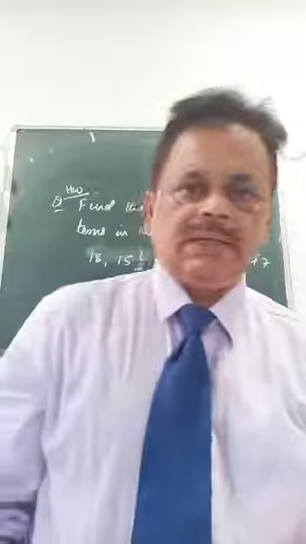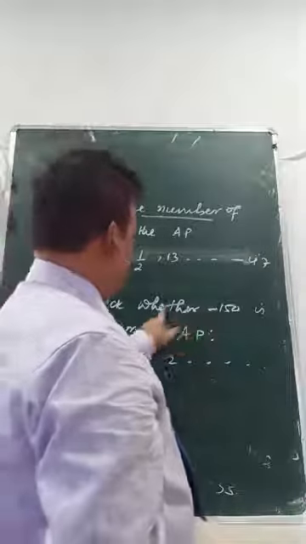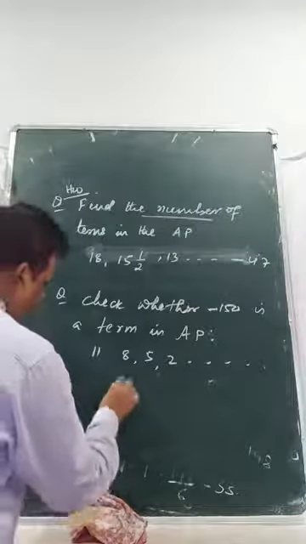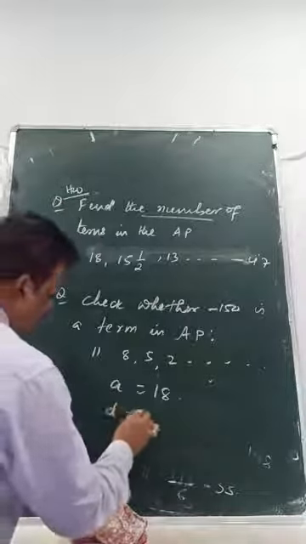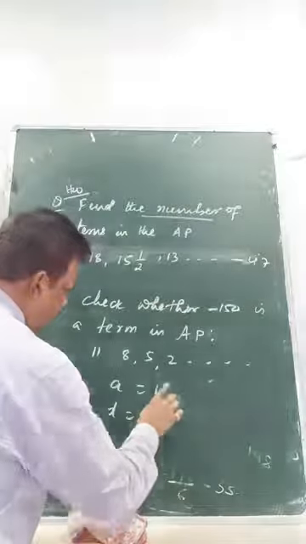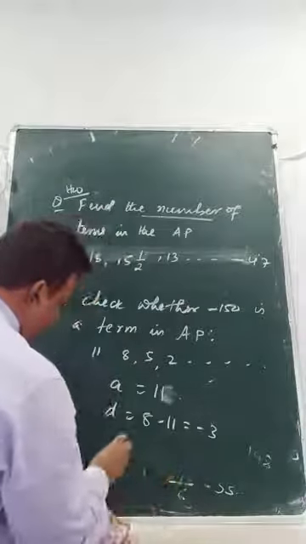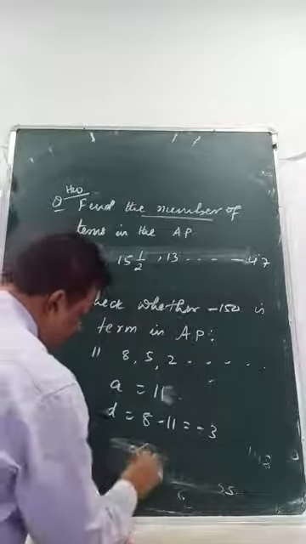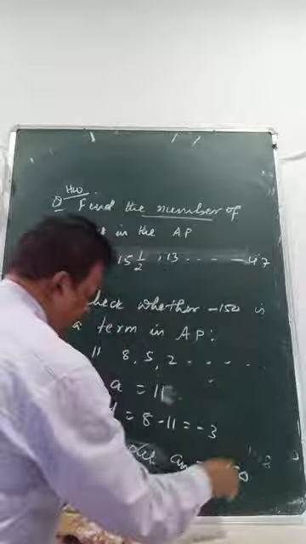Okay, how to check? Suppose this is your nth term. So A equals 11. 8 minus 11 is minus 3, so D equals minus 3. Let the nth term equal minus 150.